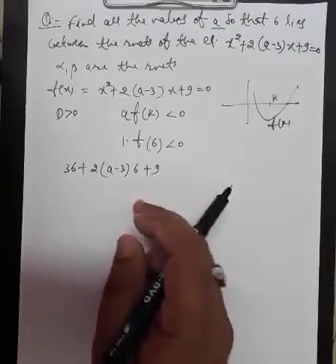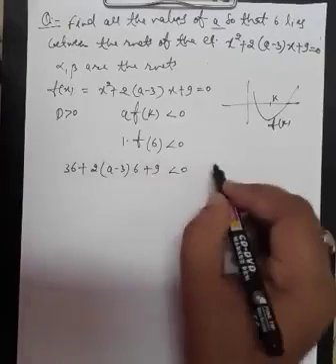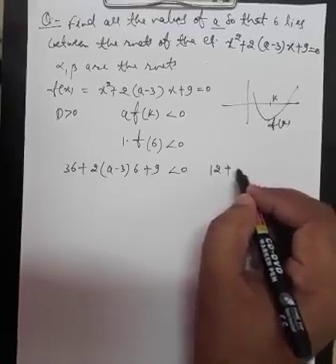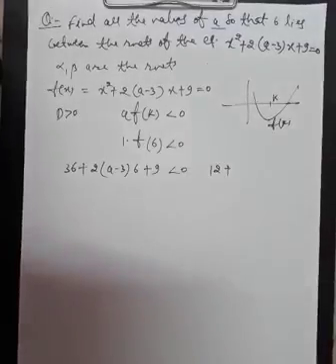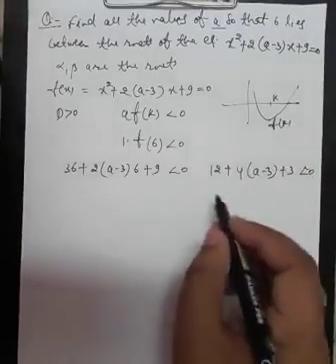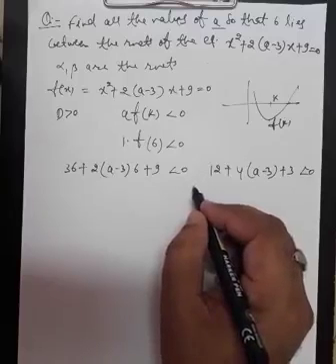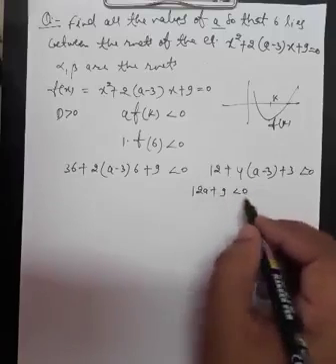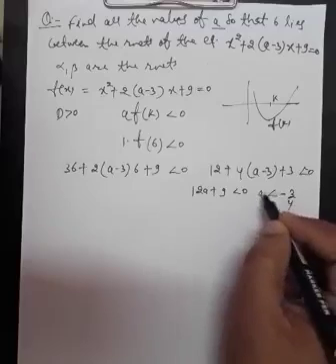Then we can further simplify: 12a plus 9 less than 0. From this we can write a is less than minus 3 by 4.